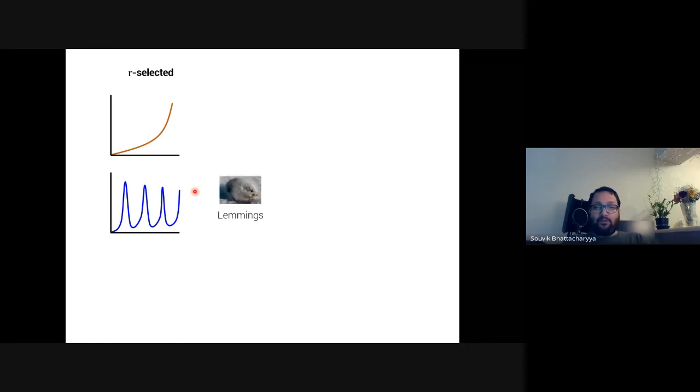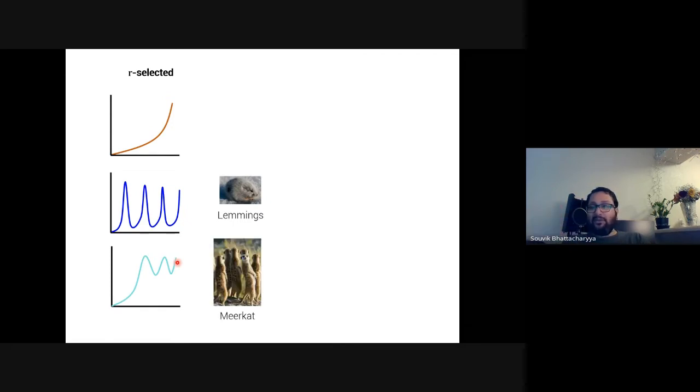One example would be the growth of lemmings found in the Arctic, where they grow and die with seasonal changes. Or there can be exponential growth followed by a little bit of death and some fluctuations when it's reaching the carrying capacity. The example would be meerkats in the African savannas.